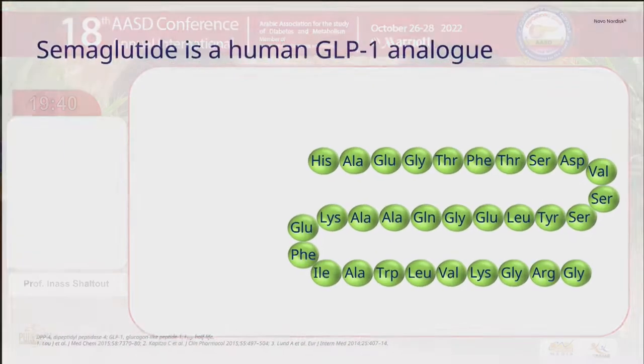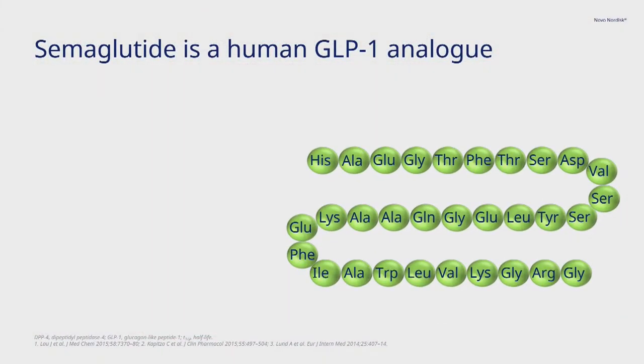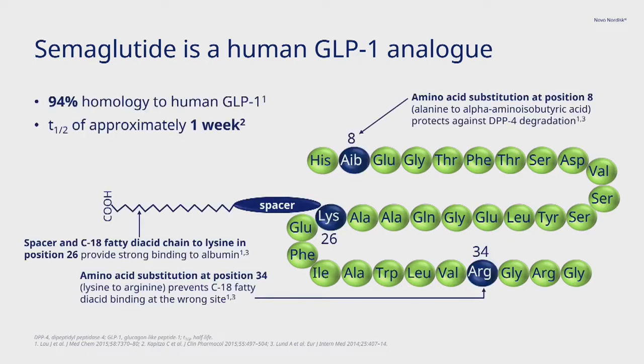Semaglutide is a human GLP-1 analog, because we have human GLP-1 analogs and exendin-based GLP-1 analogs. Semaglutide has 94% homology to human GLP-1, and the half-life is approximately 1 week.